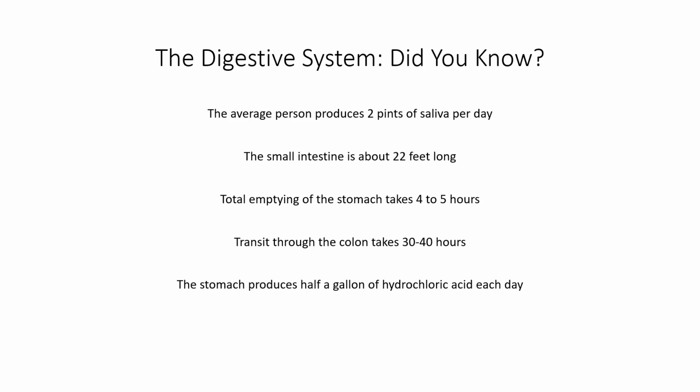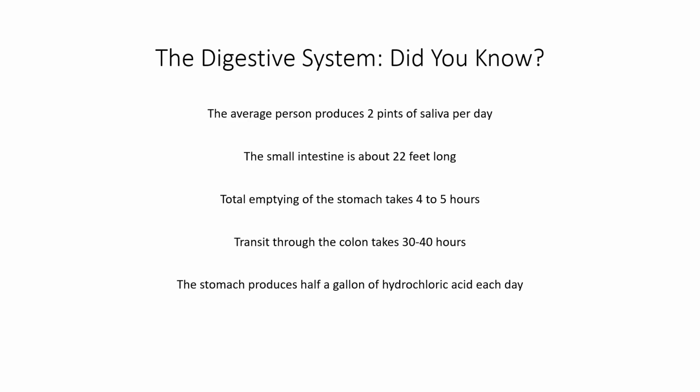The total emptying of the stomach takes 4 to 5 hours. Going back to the digestive elements of the stomach, the churning and chemical digestion, this is how long it takes for this to break down food before moving it into the colon. The transit through the colon itself takes 30 to 40 hours. So if you think about when you eat food, it's not going to be defecated for at least 30 to 40 hours afterwards.